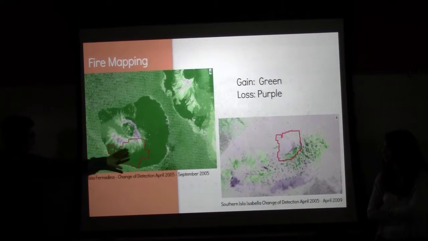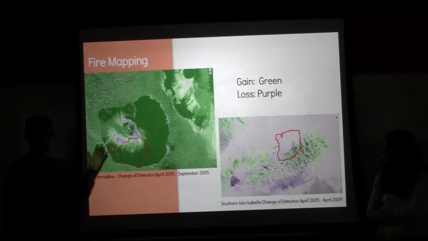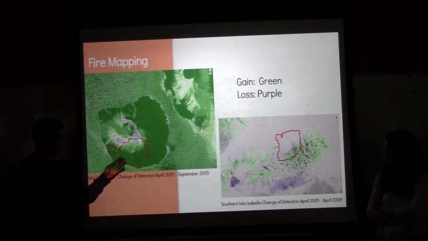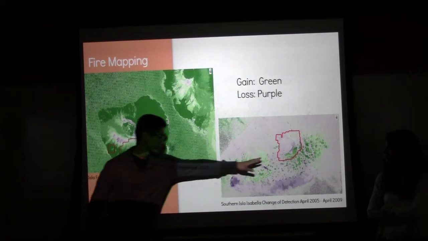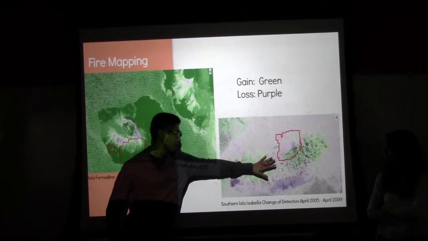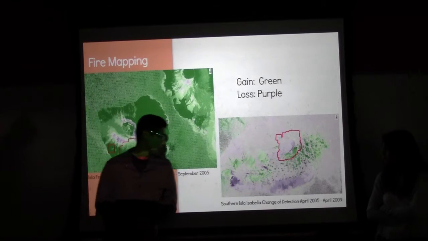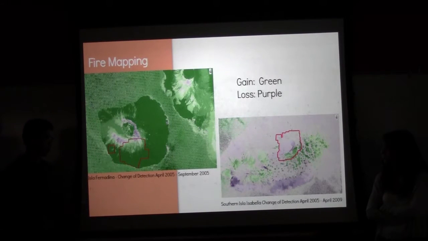Here's the fire. So this is our change detection using the fire data. The green is gain in NDVI, so gain in greenness and biomass for Fernandina. And then over here, we actually had a loss in NDVI as a result of the fire on Isabella.